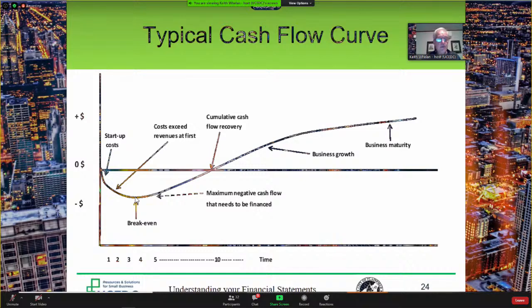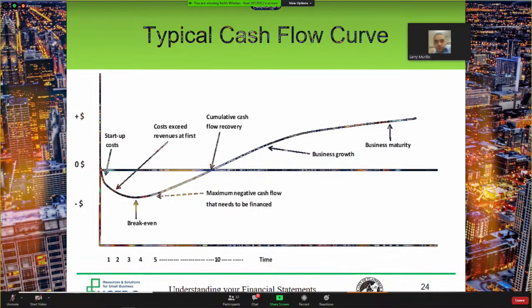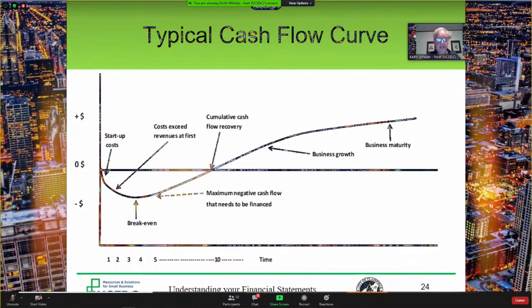And you want to line up the right sources to cover those, right? Plus maybe a little cushion as well, because if you don't, you're going to run out of cash, and you won't even make it beyond that point. You could very easily run out of business.